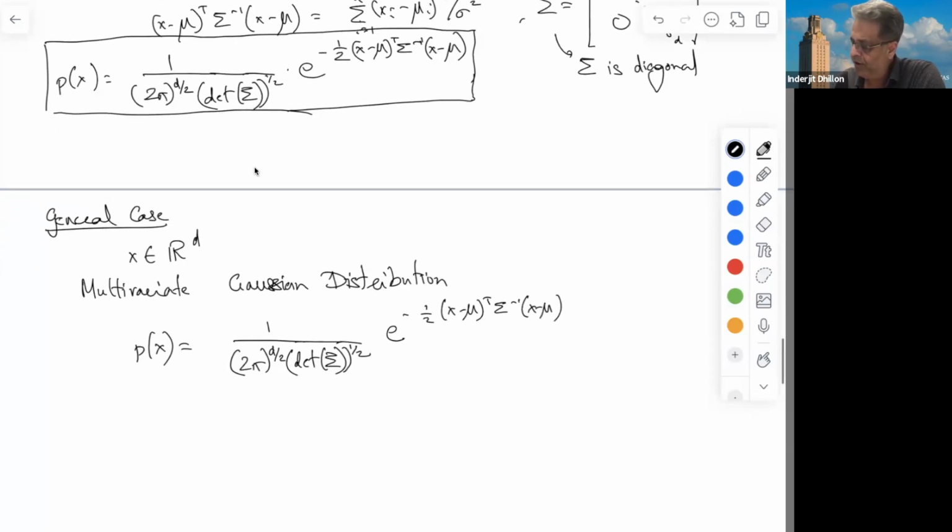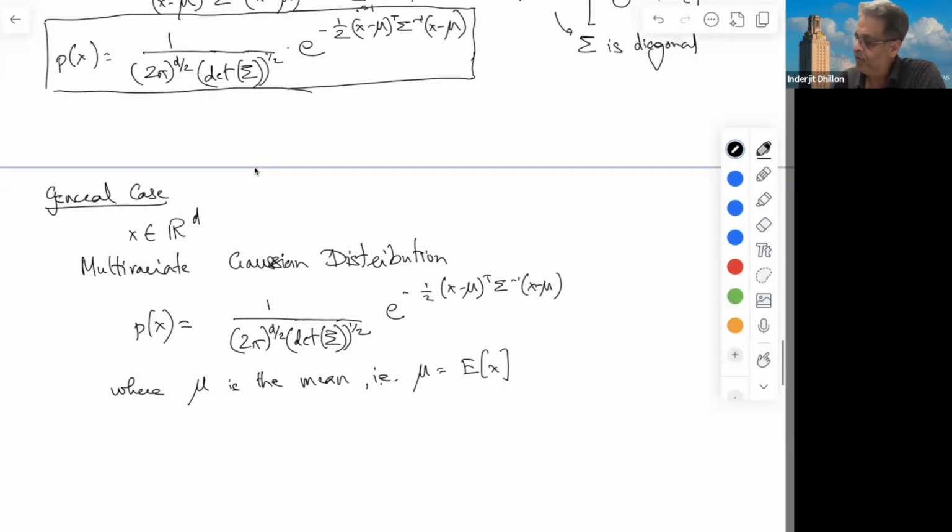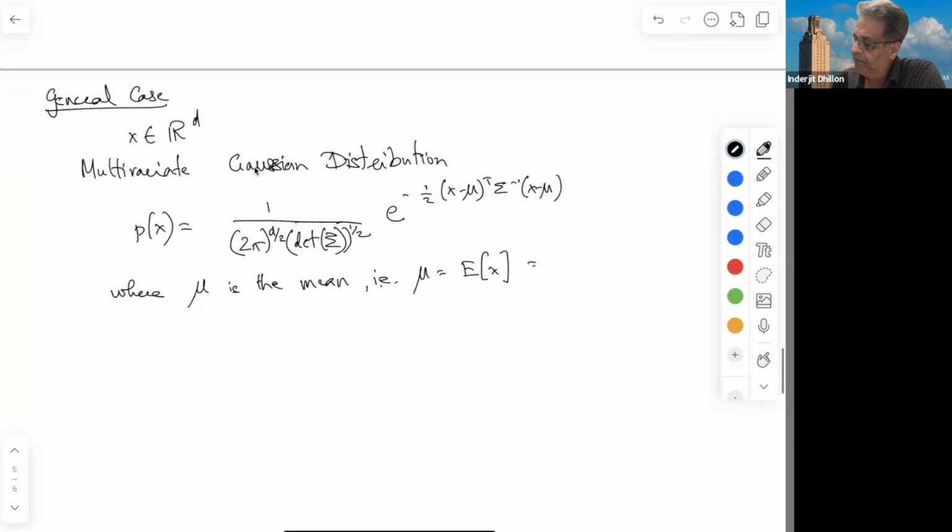As before, mu is the mean. That is, mu is equal to the expectation of x, just the same as before: mu 1, mu 2, to mu d, where mu i is equal to the expectation of xi.